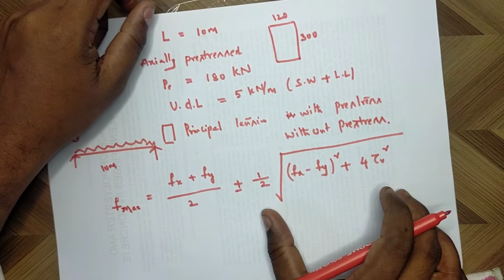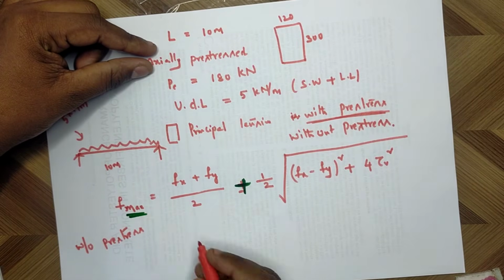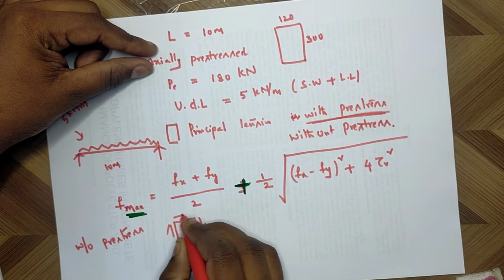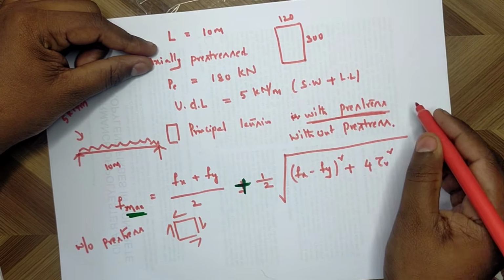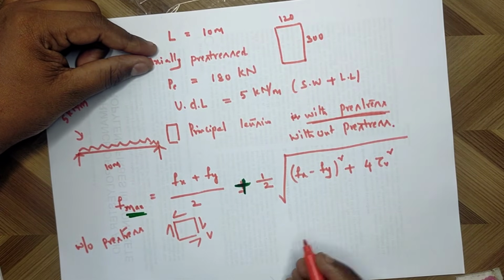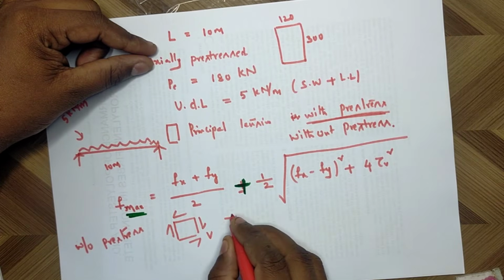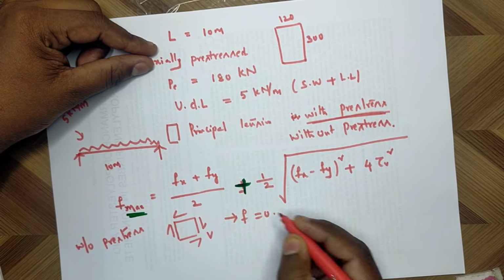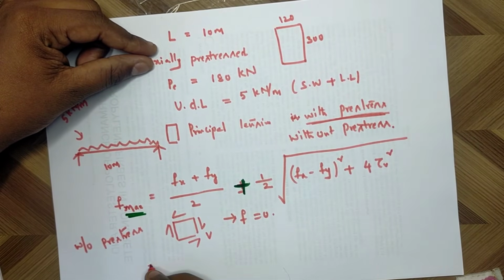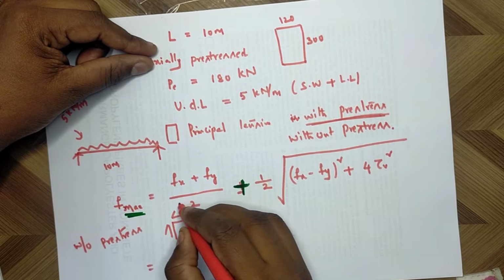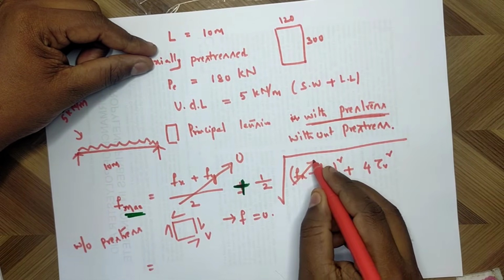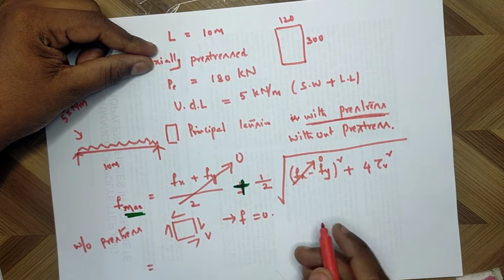This is the formula. Without the prestressing force there will be only shear. It is a pure shear case. Then F will be 0. Without prestress, F will be 0. That's why this term becomes 0. Fx is 0, Fy is 0, and here also this complete term will become 0. Why? Because there is no prestress.